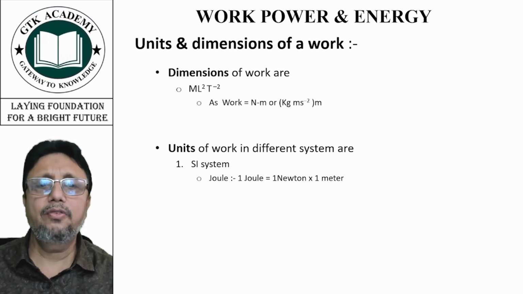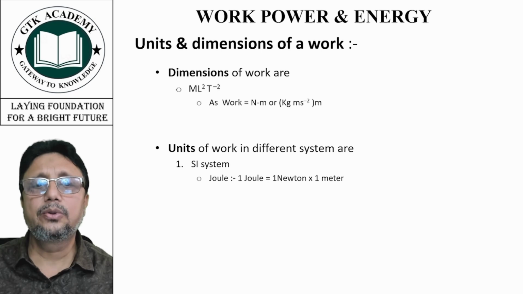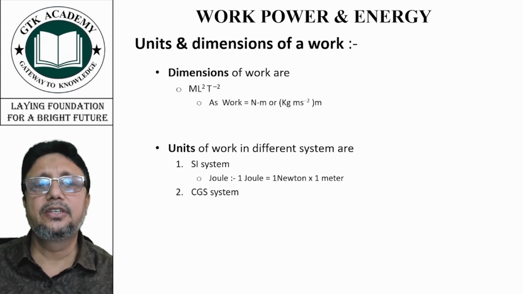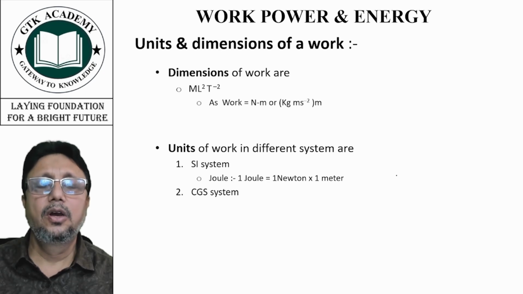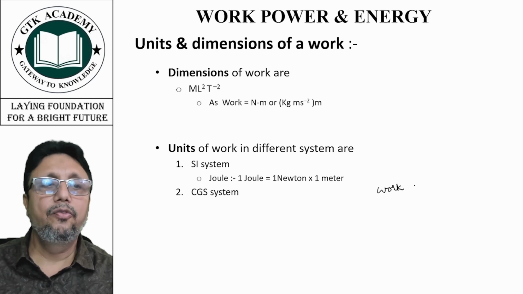However, you have other systems also, like CGS system. CGS is centimeter gram second system. What is the unit of work there? There, work will be equal to force into displacement.